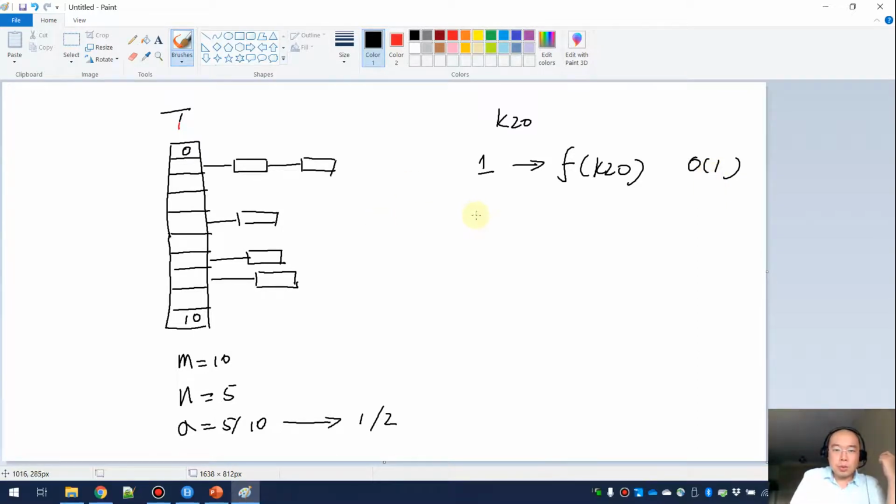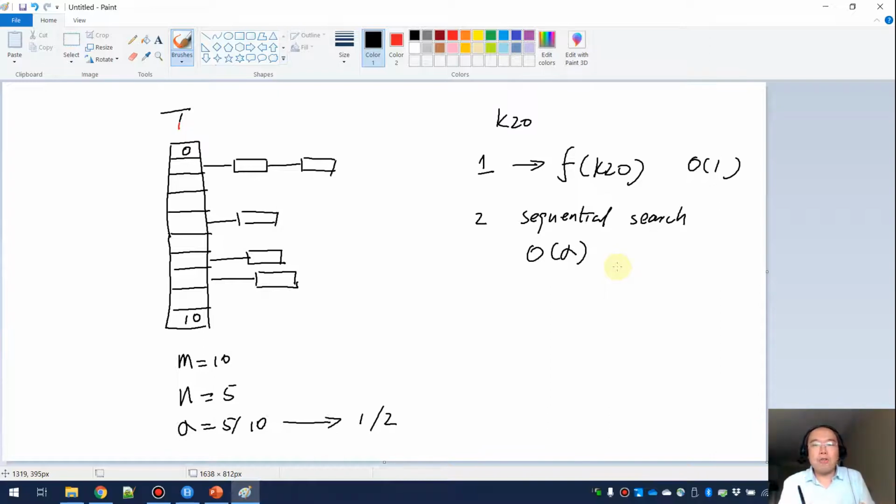And the number 2, well, remember we have to do a sequential search. That is a sequential search on a linked list. And on average, the length of the linked list will be O(alpha), right? So to search a linked list with alpha as the expected length, this search will be O(alpha).